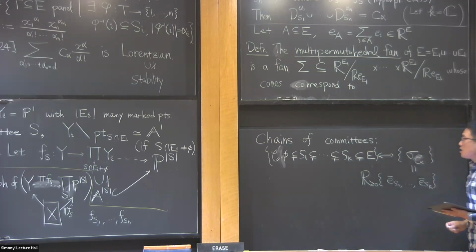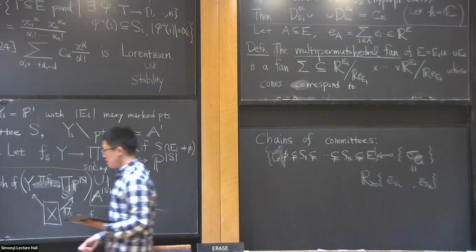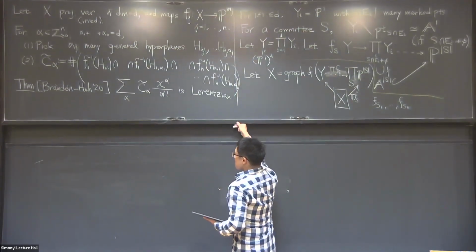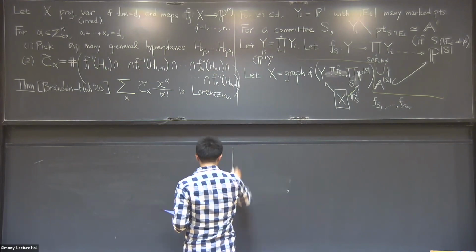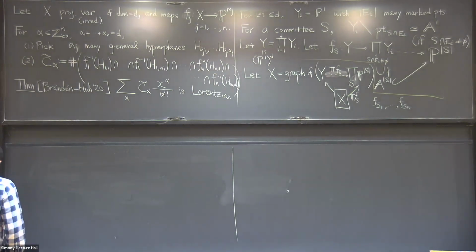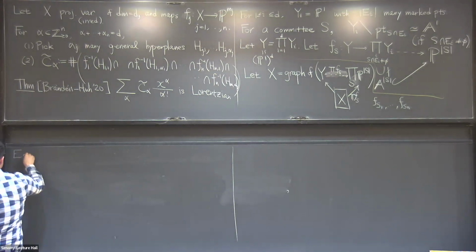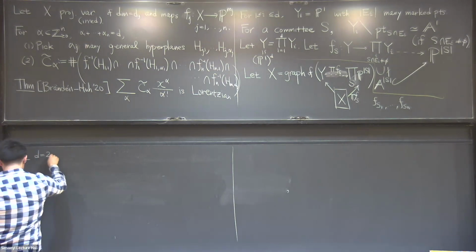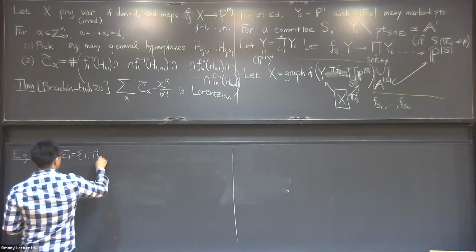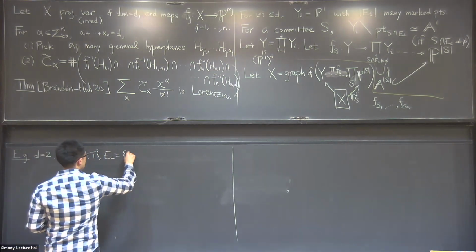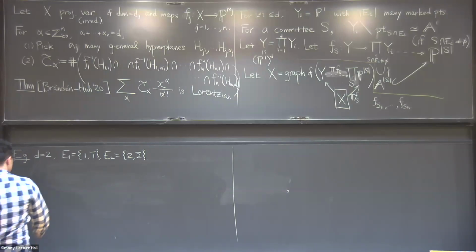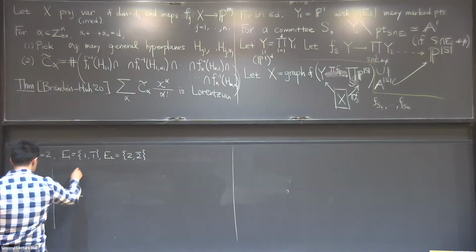It's much easier to just draw a picture, in small examples. Here's one example. Let's say D equals 2. Let's say E1 is 1 bar and E2 is 2 bar. In this case, I claim that the fan looks something like this.